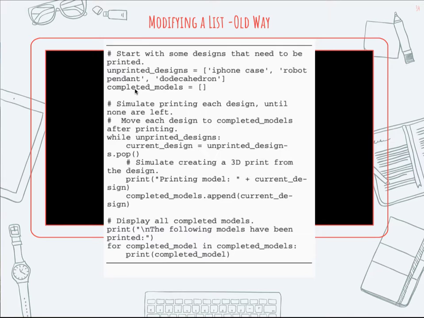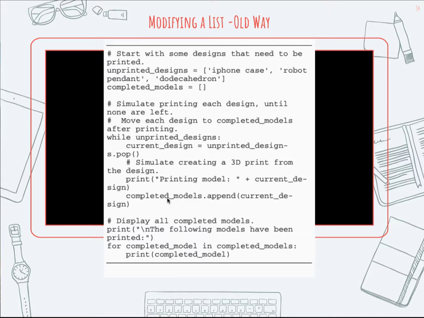As long as designs remain in unprinted designs, while unprinted designs right here, the while loop simulates printing each design by removing a design from the end of the list, pop right here, storing it in current design, append current design, and displaying a message that the current design is being printed.